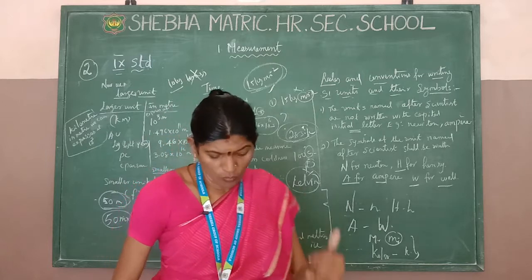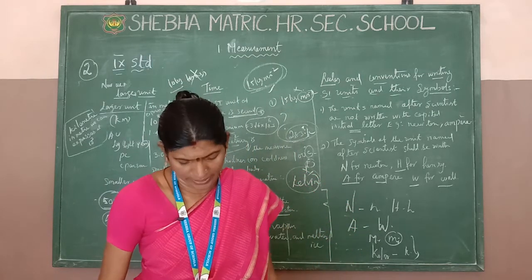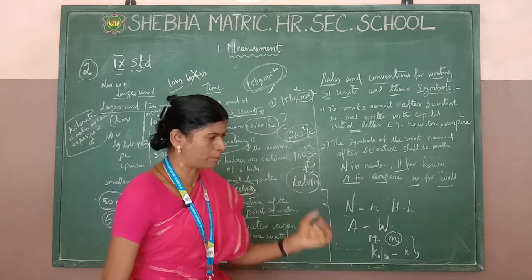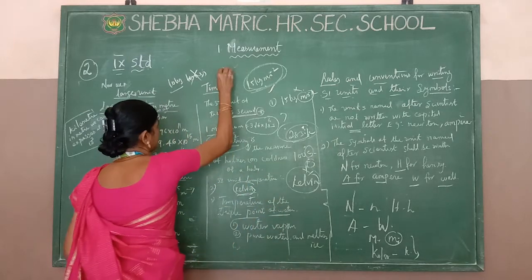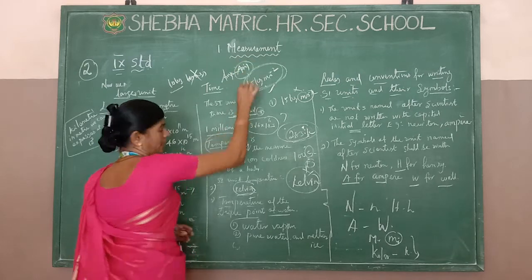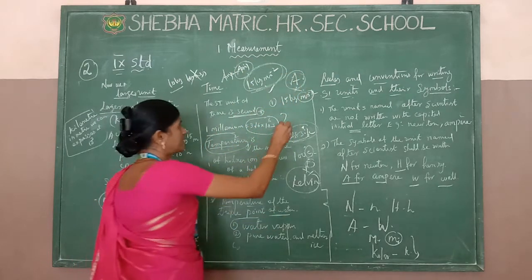Now, the symbol for ampere is written as A, not as amp. Ampere means A, not amp. Don't write it like that, just write only A. Next is seconds.